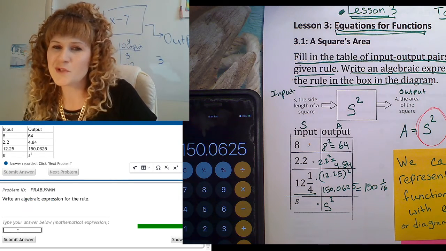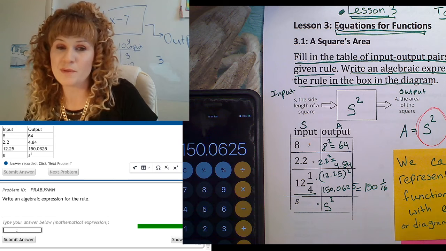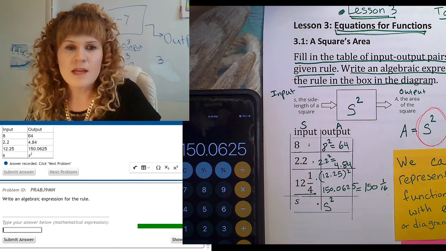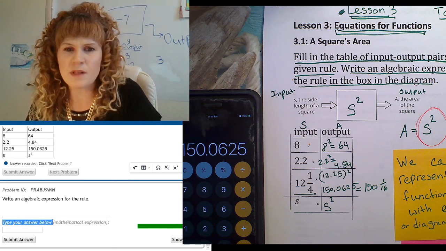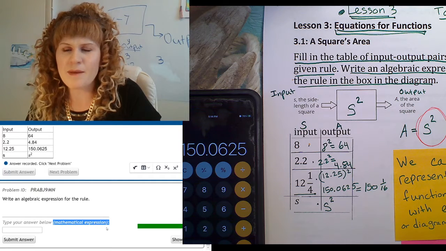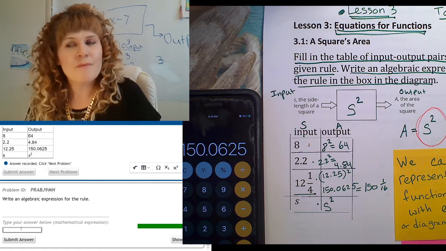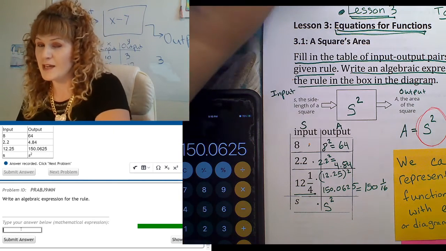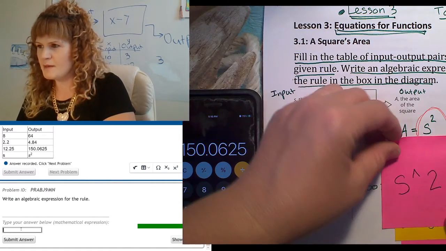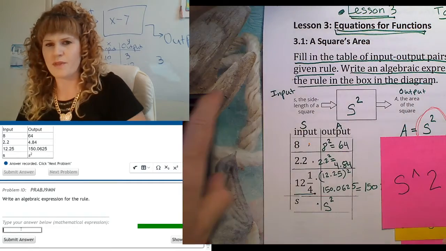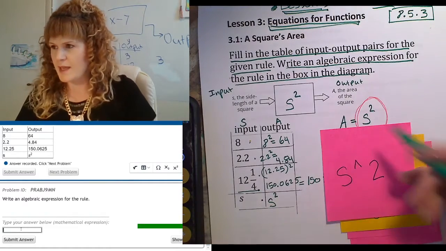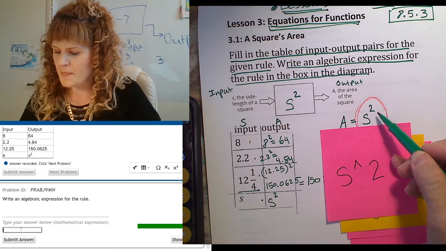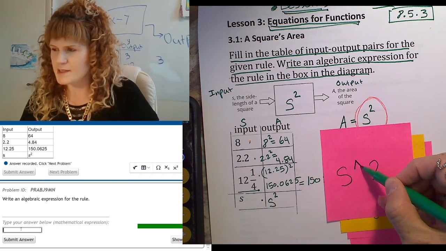Now, here's something tricky that they don't tell you in the program, so listen up. It says type your answer below. It should be a mathematical expression, but I bet you've never seen this before. I've seen it many times though. When you type in mathematical expressions with powers, like S to the power of 2, you have to use this caret symbol.